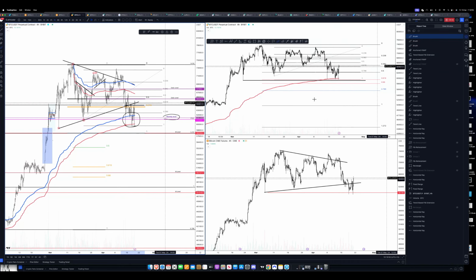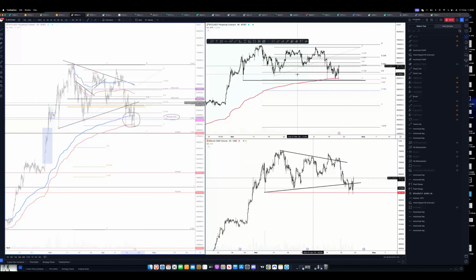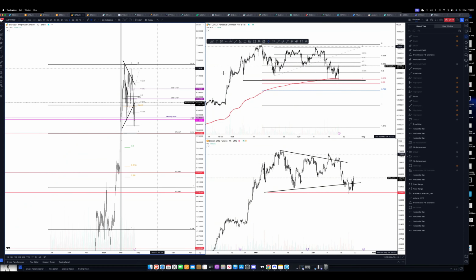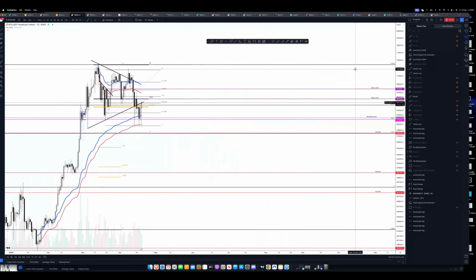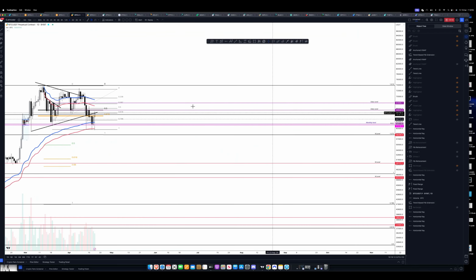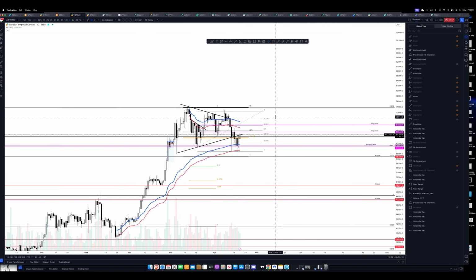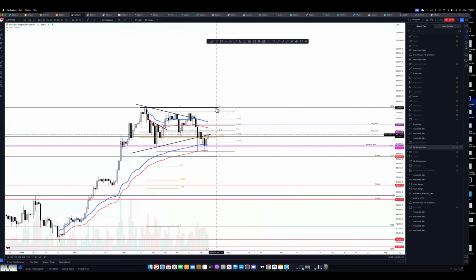So let's have a look on the daily and see where it is on the daily. And we're likely to close above the daily, as you can see. What we have also is a 0 up top, 1, and a golden ratio 618, which was acting as support and then previously resistance. Now we're likely to regain it.